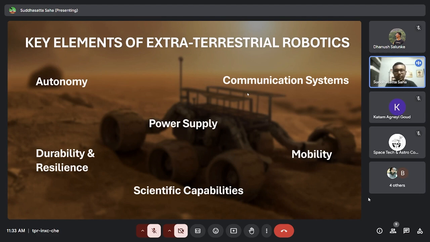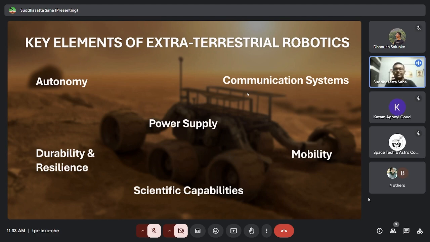So I will discuss the mobility aspect particularly in this webinar today in a little bit of detail. I would not like to give any more spoilers about that topic, because it is very interesting to design mobility systems for rovers, because they are very different from what you have seen in ordinary cars or vehicles, or even in supercars for that matter. So rovers have an altogether different mobility system in action.